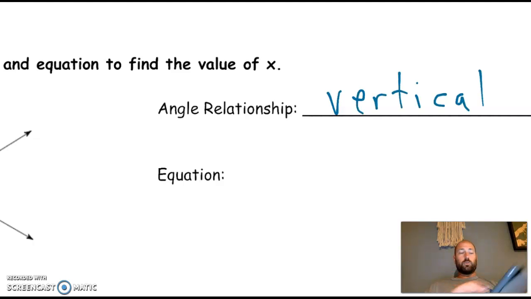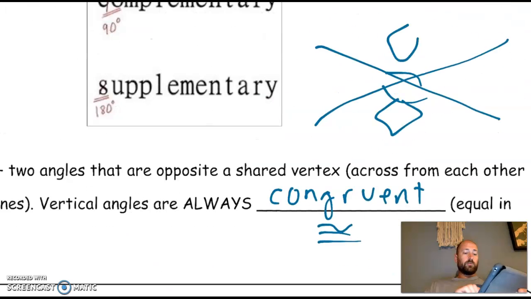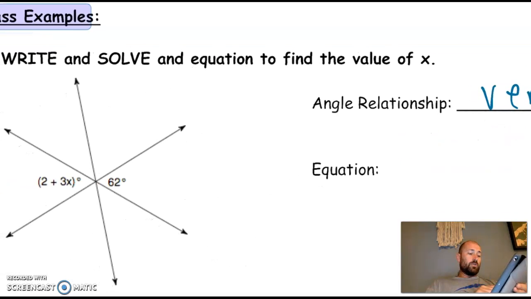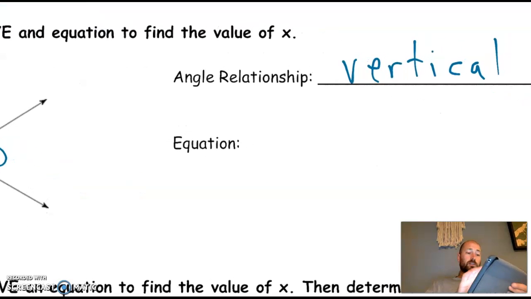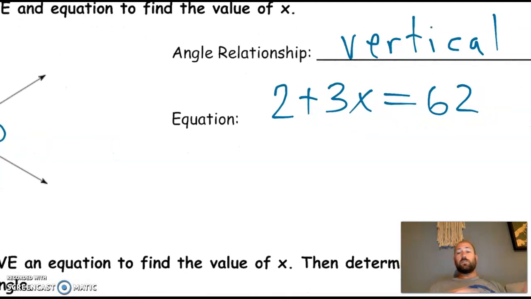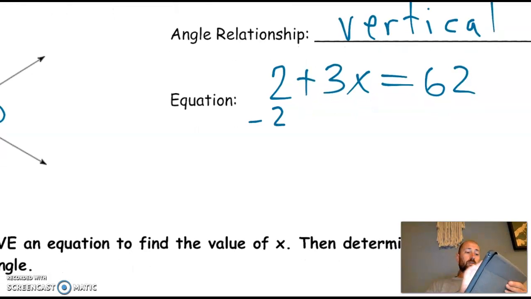All right, I'm going to do a quick scroll. Vertical angles are always congruent. That means one angle is equal to the other one. So in this case, 2 plus 3x is equal to 62 degrees, and that's where I get my equation. This angle is equal to 62 because they're vertical angles. All right, now we are solving.